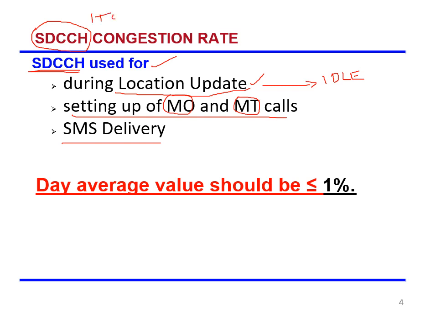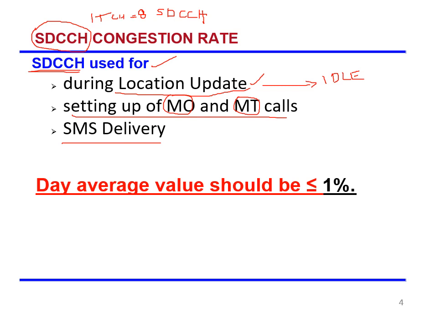It is called low bandwidth because in one traffic channel you can accommodate 4 or 8 SDCCH channels. That is the beauty of SDCCH. It occupies few resources and little radio bandwidth. That is the reason it is used for SMS also.